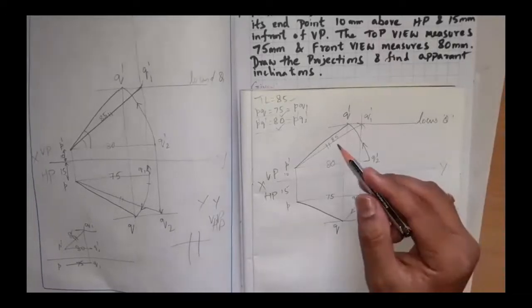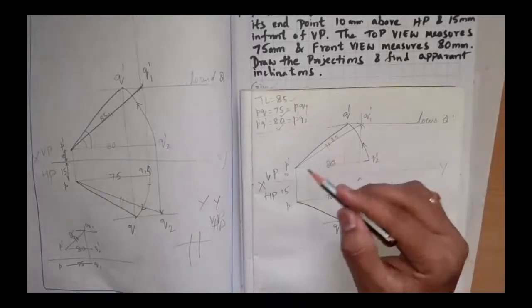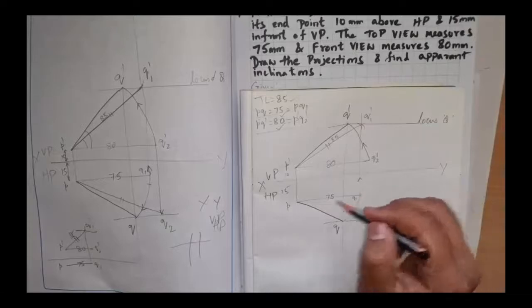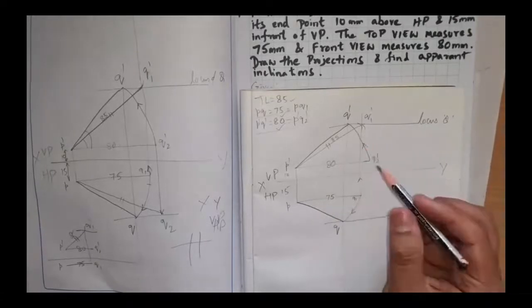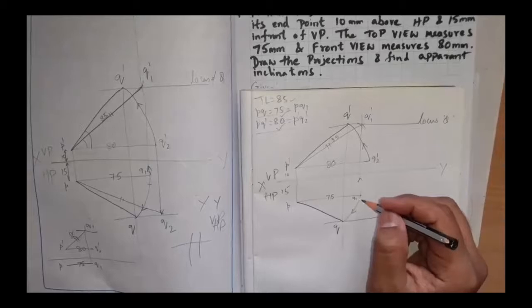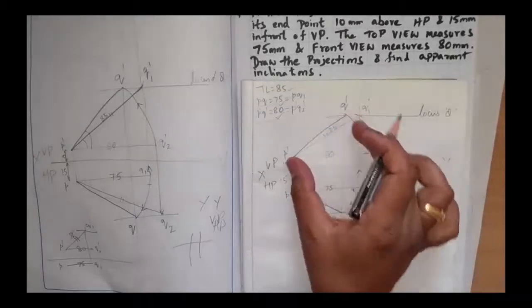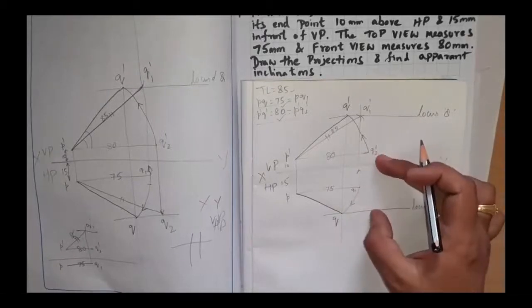This true length I have got already, which is given as 85 mm, and I am marking it here. This dropped down and this top view is drawn. In other words, if the data was given, how to find whether the problem is right or wrong. This front view, I am going to drop it back till here where Q2 dash was, and find Q2 on this locus.